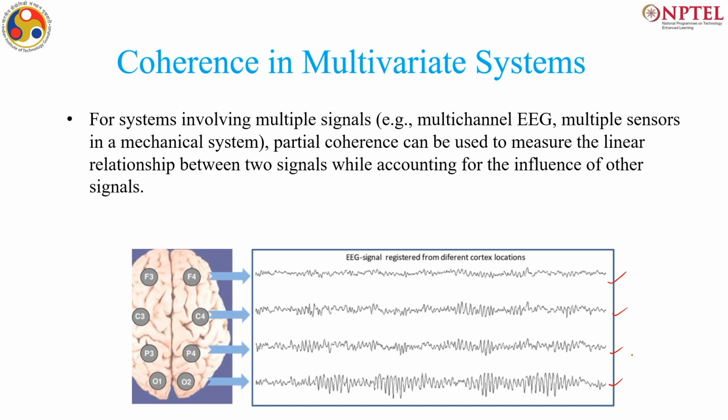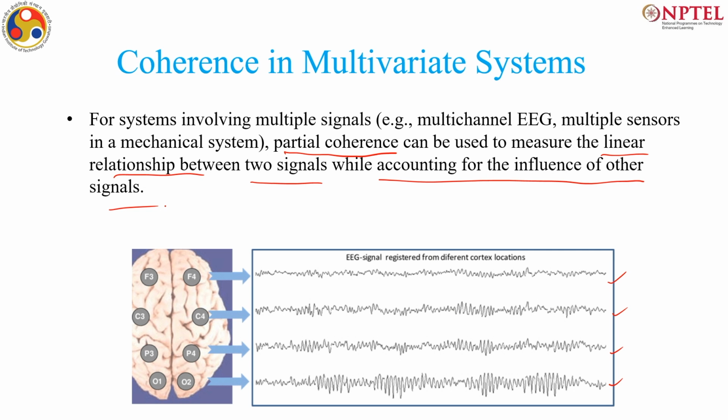In such a case, how do you find the coherence? In such cases, partial coherence is used, which gives you the linear relationship between 2 signals while accounting for the influence of other signals.